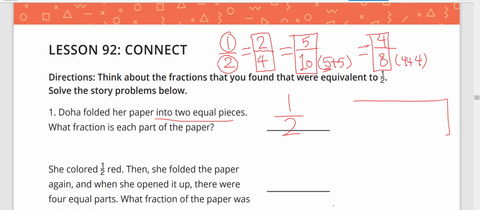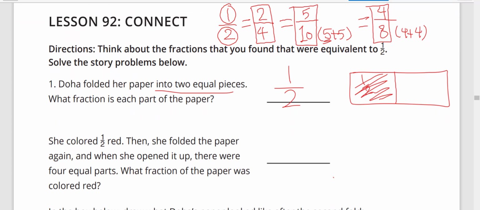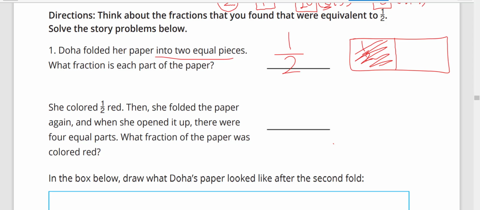She folded this paper into 2 equal pieces. The fraction of each part is half. She colored half red.